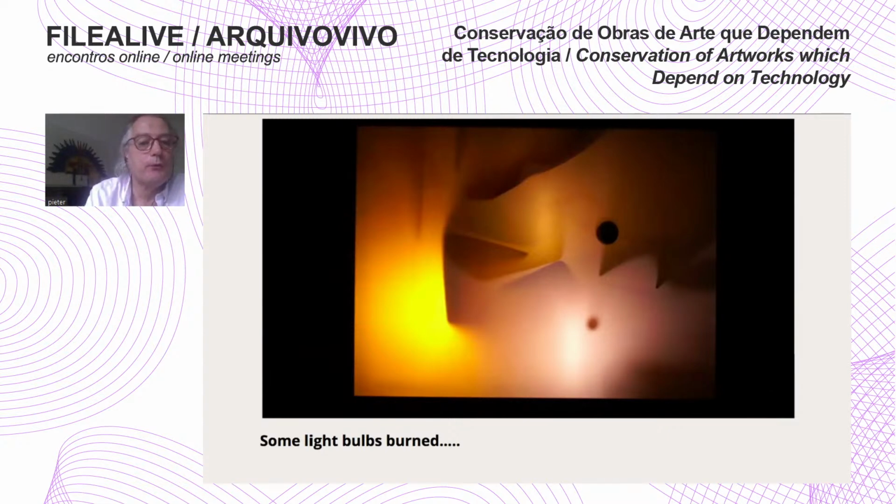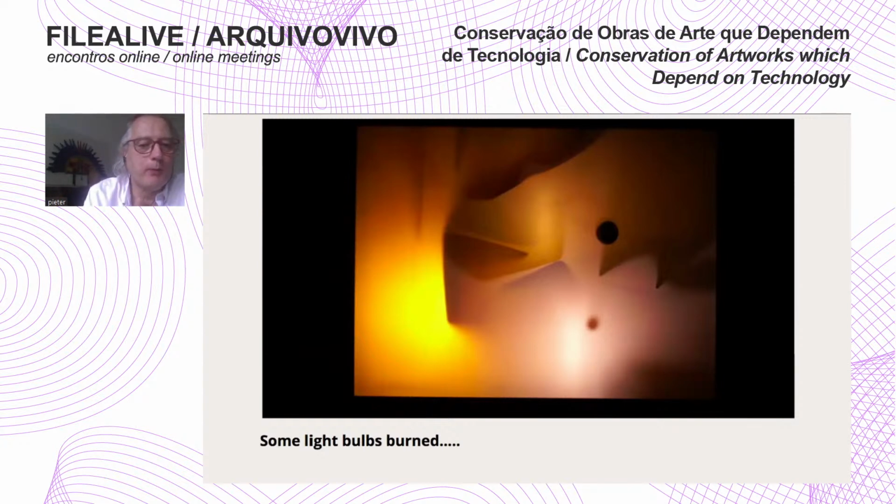And also the artist painted some of the bulbs himself. He developed a technique of using a certain kind of paint that was not burned by the heat of the lamp. And so people tried to find lamps more or less in the same color. But with this, the character of the work, the visual aspect of the work changed.